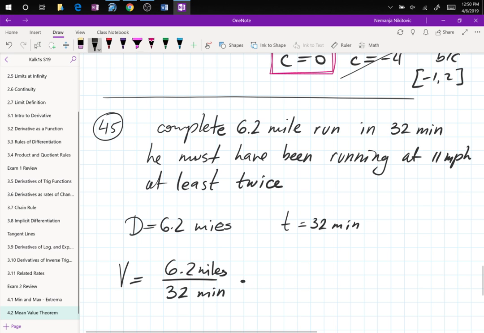Again, we have to convert minutes to hours. And what I have is 6.2 times 60 divided by 32. Works out to be 11 point something, which is where the number comes from. 6.2 times 60 divided by 32, 11.625.